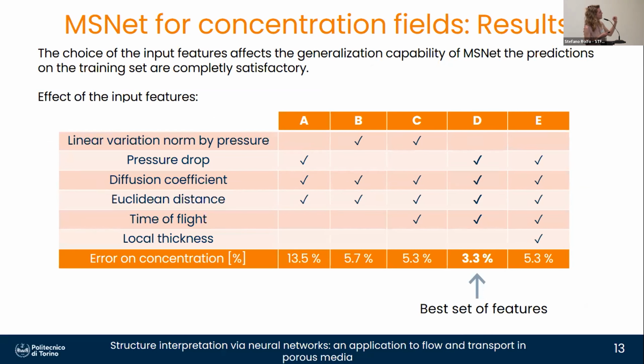And as you can see, the solution which includes, obviously, the operating conditions, plus the Euclidean distance and the time of flight as geometrical features describing the porous media, is the best set of features. And the average error on the test set of the average concentration in the fields is quite low, about 3%.